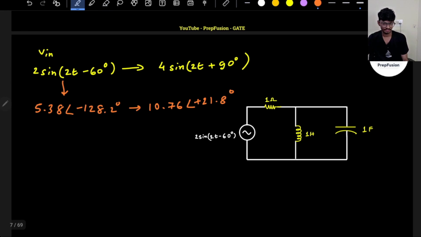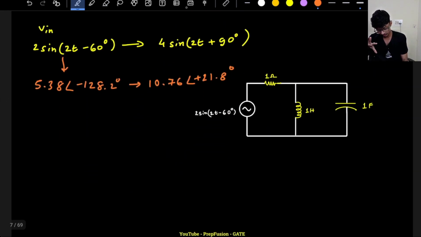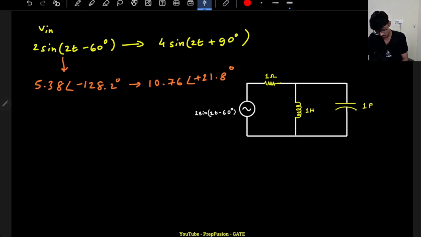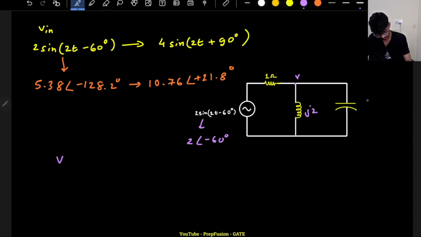So let us cross verify whether it is correct or not. I will apply KCL here. Let me write this in phasor: 2 angle minus 60. The impedances here are plus J2 and 1 by J2.